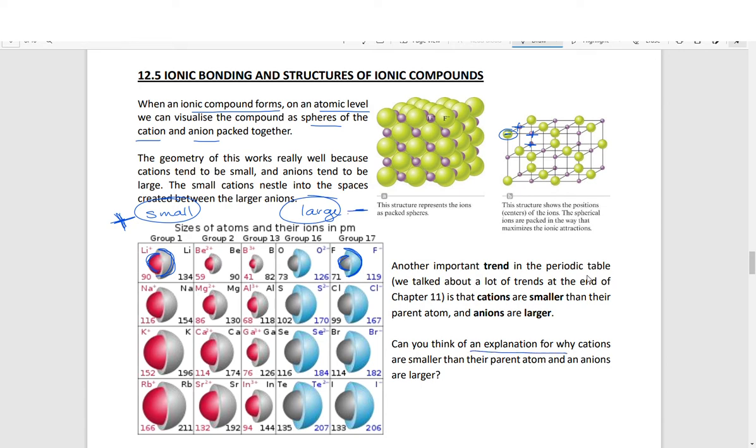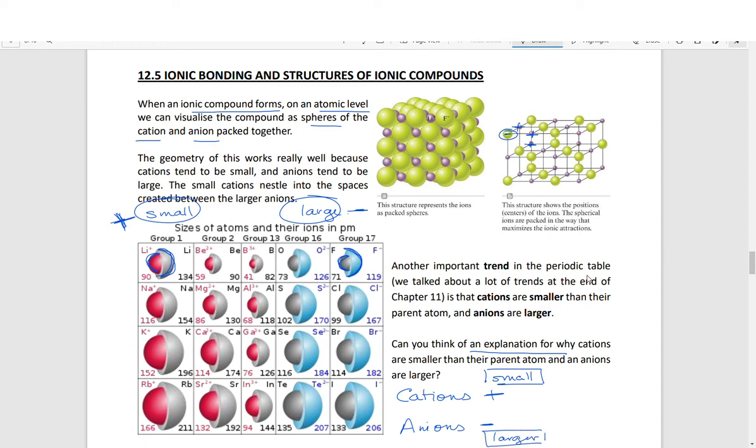So can you think of an explanation, a way for you to remember why cations are smaller than their parent atom and why anions are larger? If you think of cations and anions, these are positive, these are negative. These ones are the small things, and these are the larger.